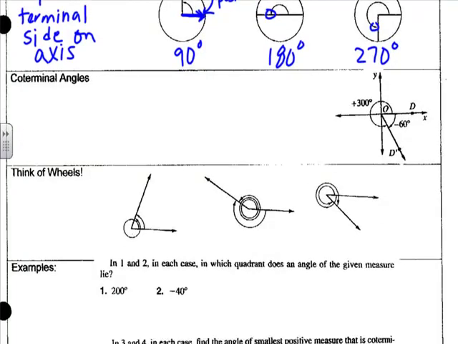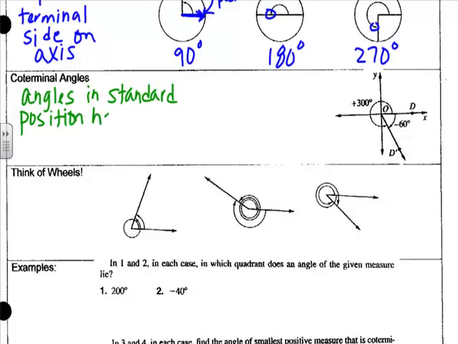Okay, this is something that you're also going to want to understand, and that is the concept of coterminal angles. Basically coterminal angles are angles in standard position having the same terminal side.